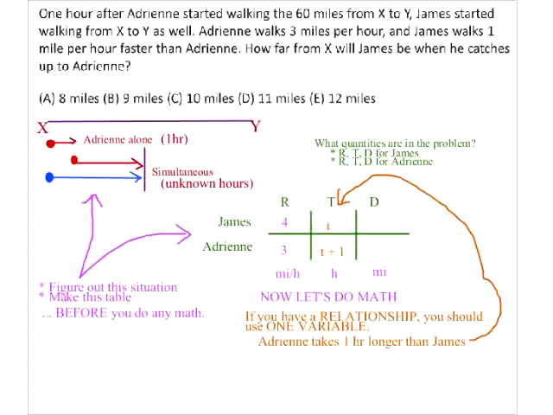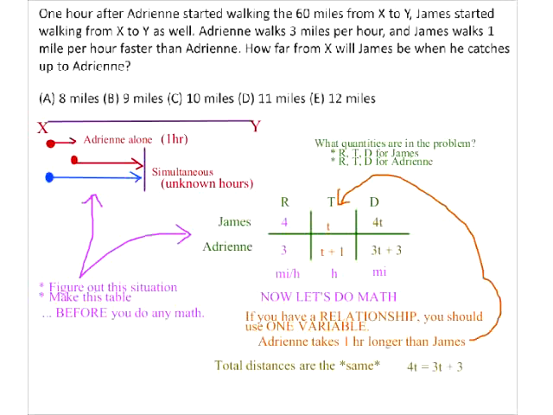The point of an RTD table is that you can fill it in. So 4 times t is 4t. 3 times t plus 1 is 3t plus 3. The total distances are the same, so you can write 4t equals 3t plus 3.